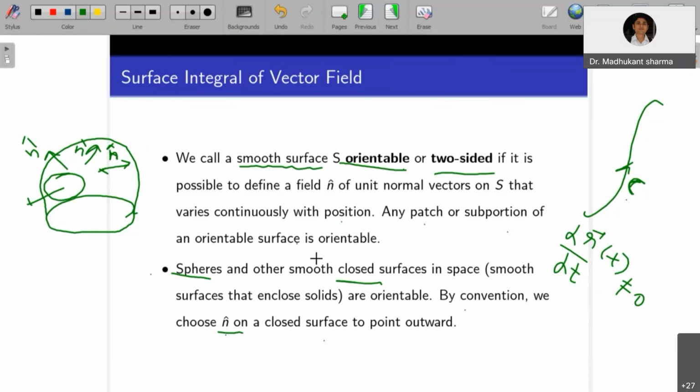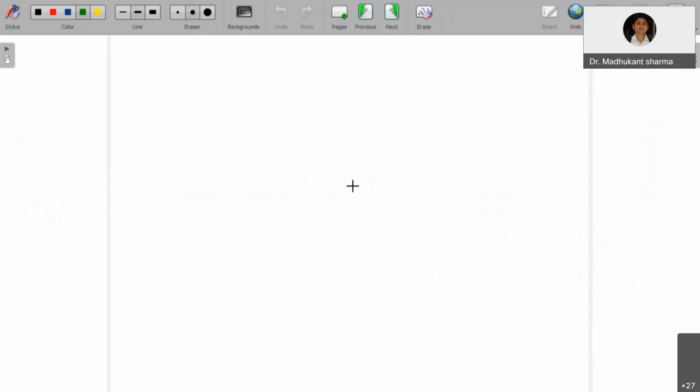Now, we are also interested in an example of a surface which is non-orientable. You may take a rectangular strip from a piece of paper.